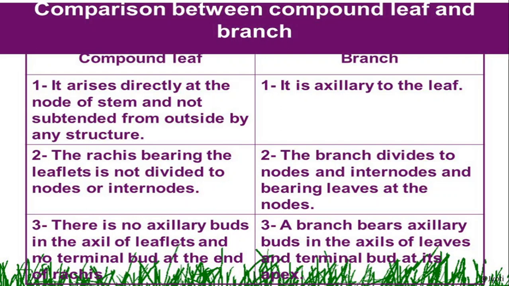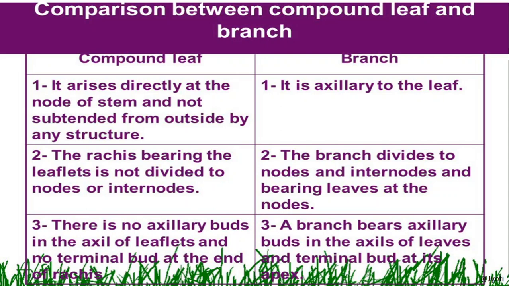See, in a stem or in a branch, the branch develops from an axillary bud, and the branch can develop a terminal bud. But in the compound leaf, axillary buds are not developed from the axil of the leaflets, and the rachis of the compound leaf does not have a terminal bud either.